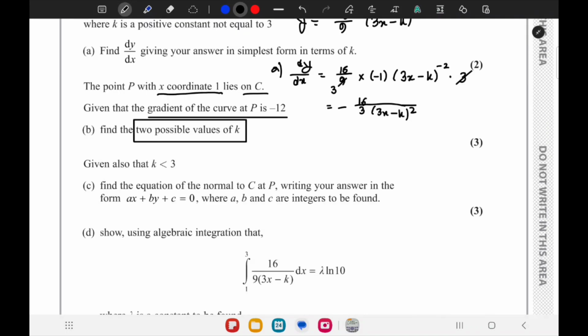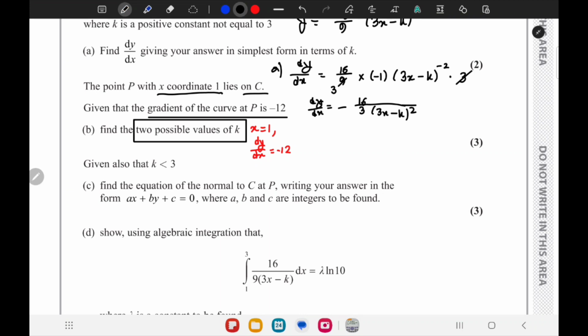So at P, the detail we are given is the x coordinate is 1, and when this is the case, the gradient dy by dx is minus 12. So we can place this in the equation we have found in part A.